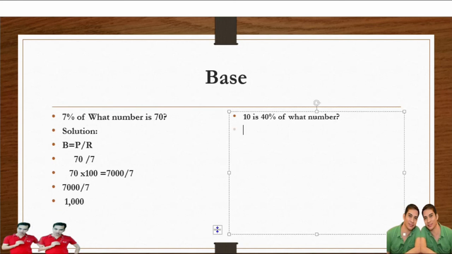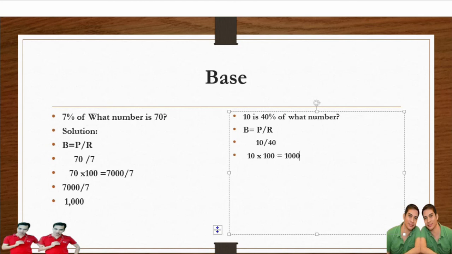Another one. 10 is 40% of what number? Formula, base equals P divided by the rate. P or percentage is 10 divided by 40%. So 10 times 100, the answer is 1,000.